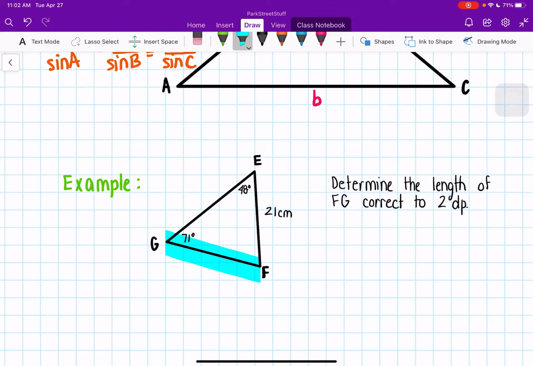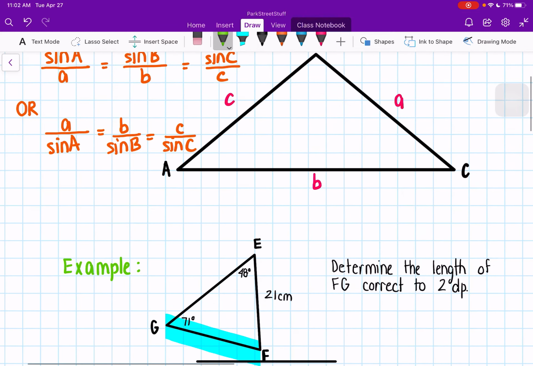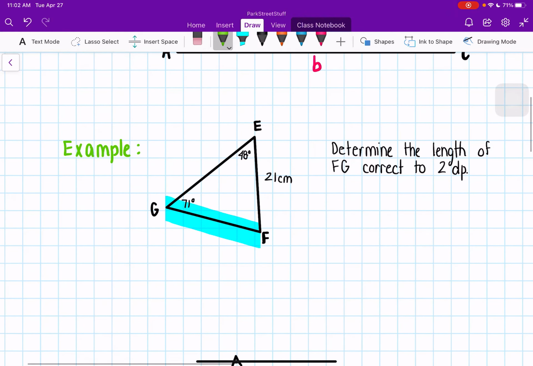In order to find a missing side, we have to make sure that we know the angle that it's opposite. So in this scenario, the angle opposite is 48, so I already have that. And then I would need one other side, which I have. There's my other side, I've got 21. And I need to know that I've got the angle opposite there, and I do.